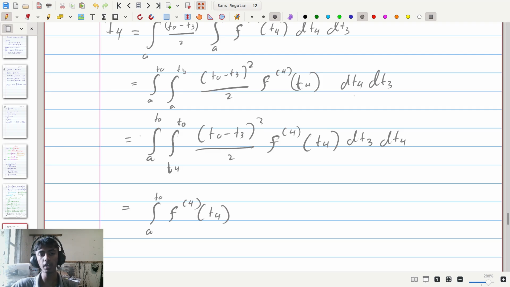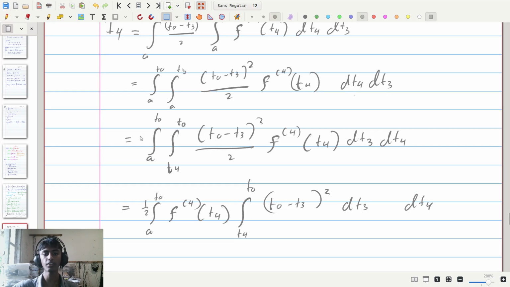I'm actually also going to take this half out completely as 1/2, and then here what we are going to have is the integral as we go from t4 to t0 of (t0 minus t3) squared, the divide by 2 is outside so we don't need it, dt3, and then the whole thing dt4.